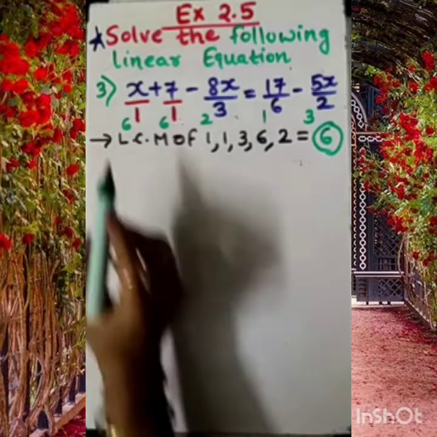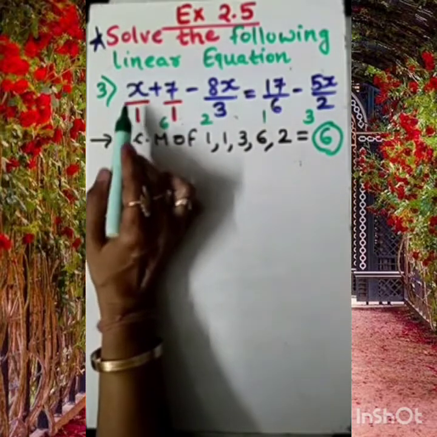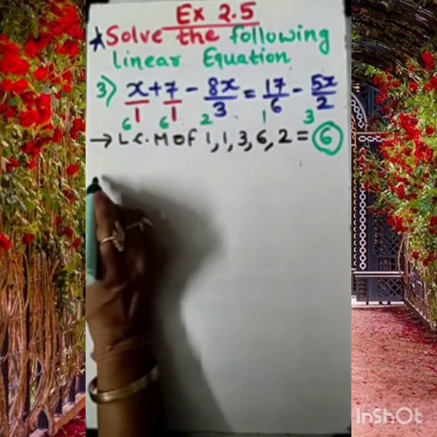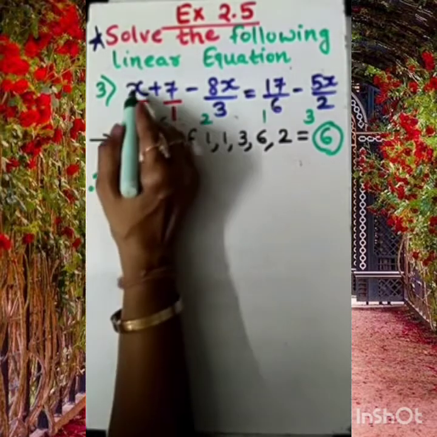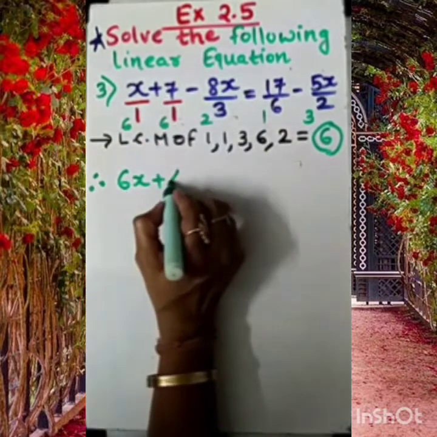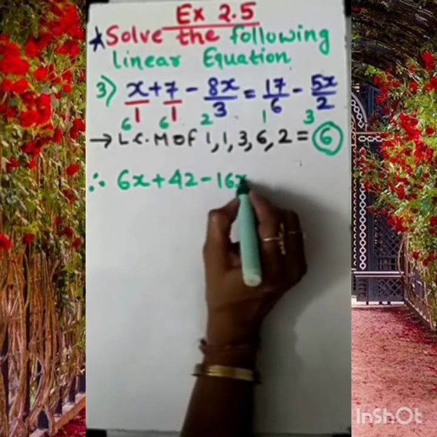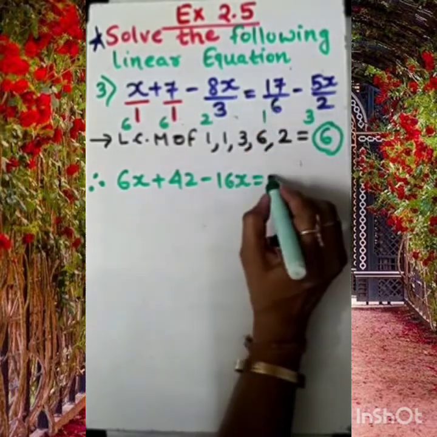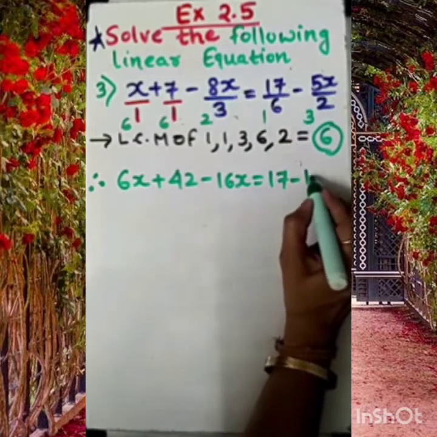Now whatever number I have mentioned here, with the same number I am going to multiply the numerator. So dear student, here it will be 6 into x is 6x plus 7 6s are 42, 8 2s are 16x, 17 1s are 17, 5 3s are 15x.